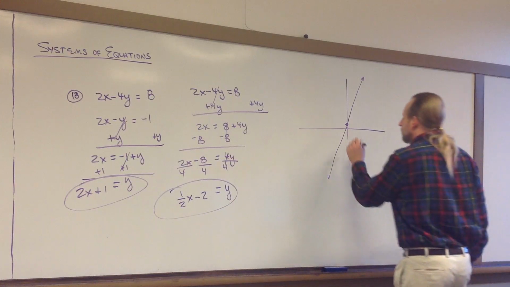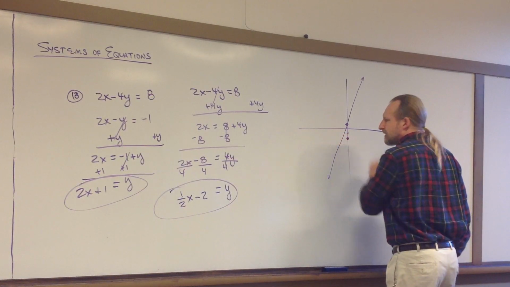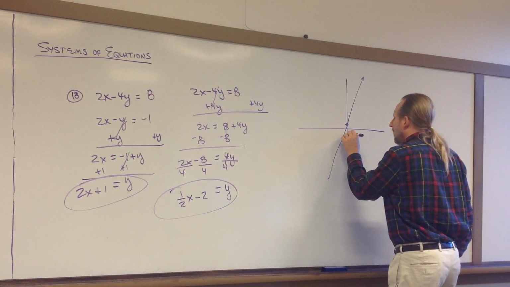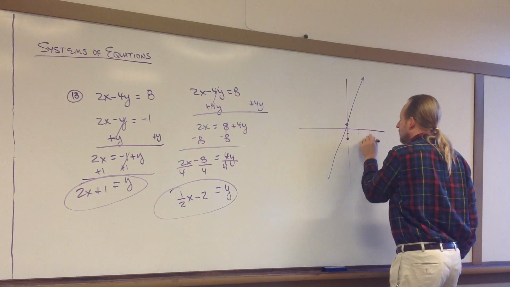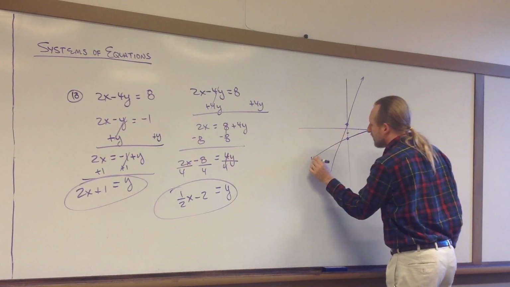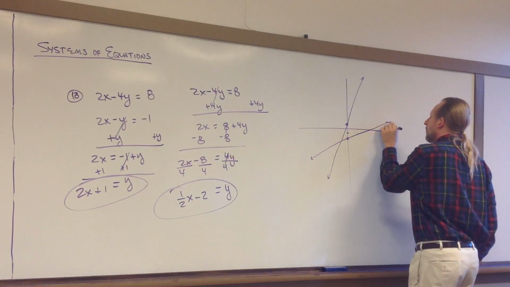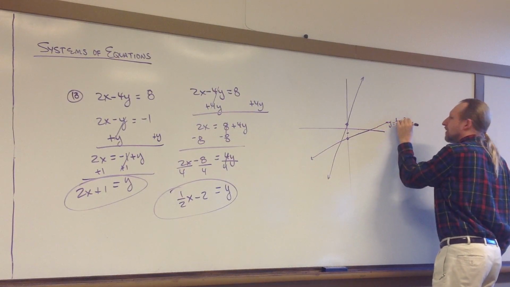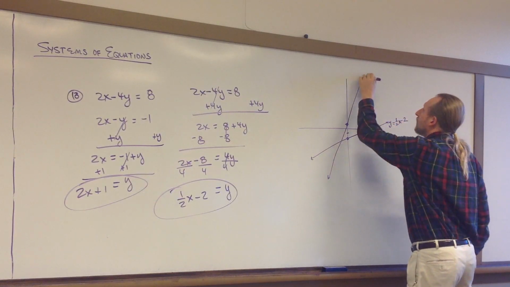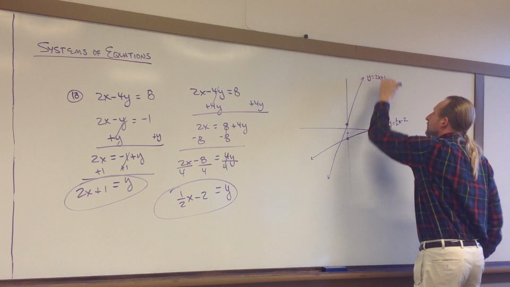A half x minus 2, so there's our y-intercept at -2, and a slope of a half is going to go something like this. So y equals a half x minus 2, and y equals 2x plus 1.